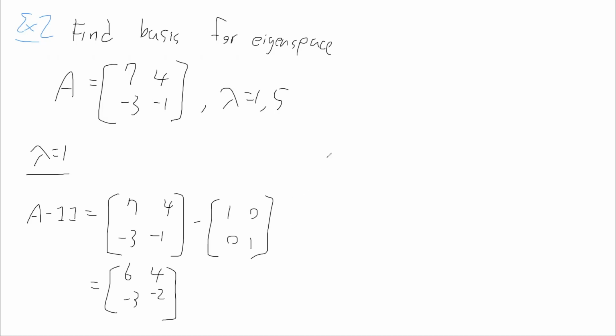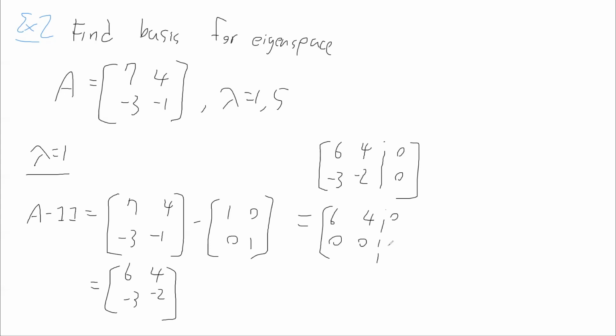Then use that augmented matrix, 6, 4, -3, -2, 0, 0, and try to solve this. Let's multiply by 1/2 and then add to that. So 6, 4, 0, and that's going to give you 0, 0. And then we can divide that a little bit: 3, 2, 0, 0, 0, 0.